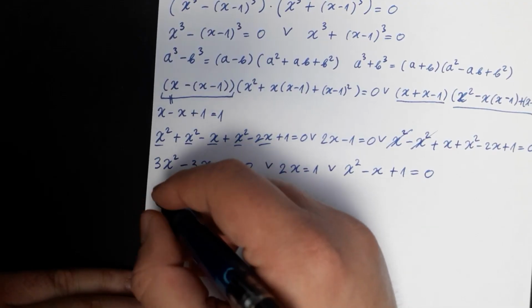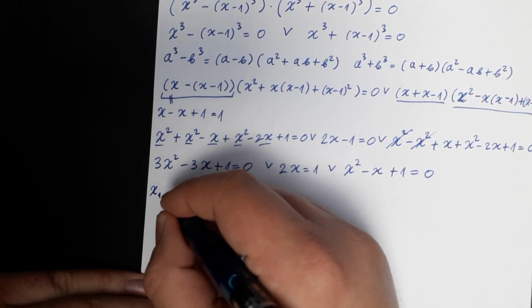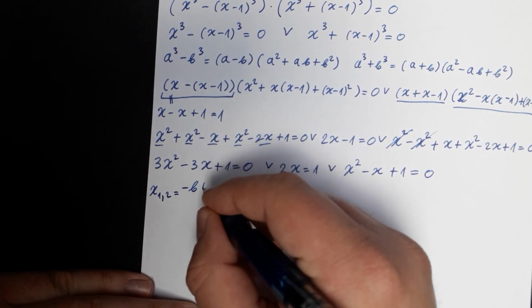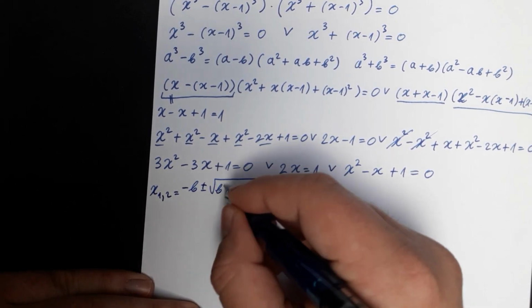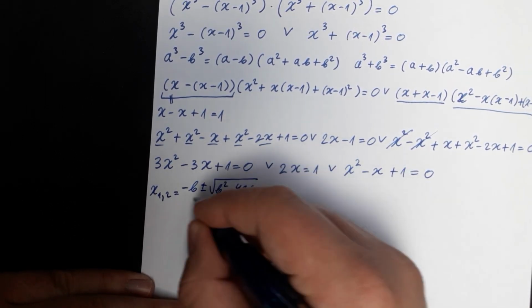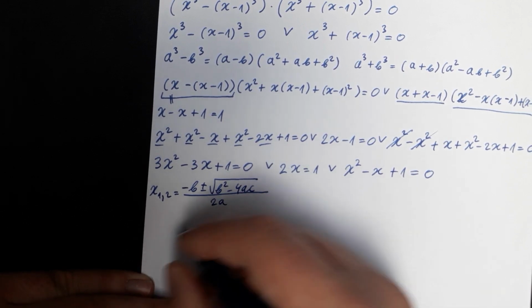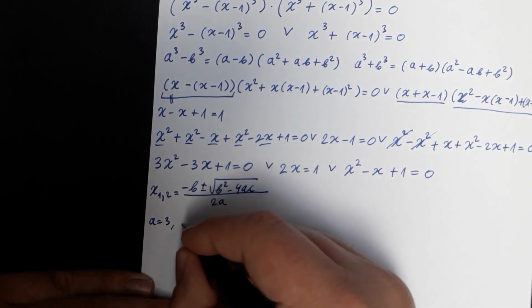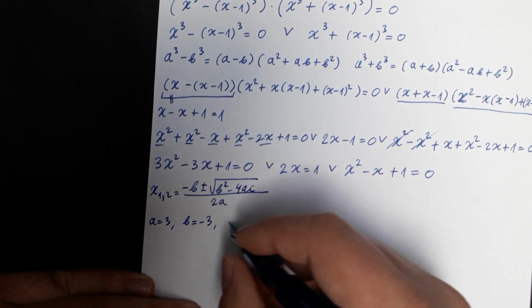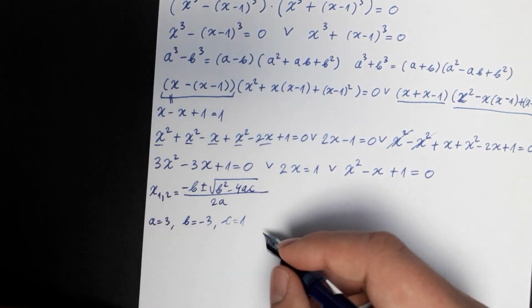So the formula to solve this quadratic equation is x1,2 equal to minus b plus or minus the square root of b squared minus 4ac over 2a, where a is equal to 3, b is negative 3, and c is 1.